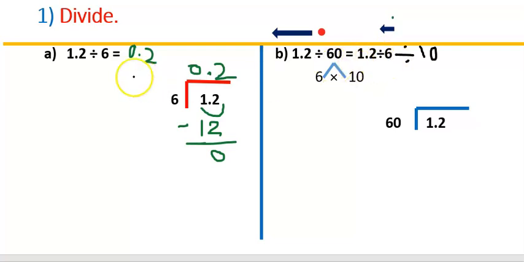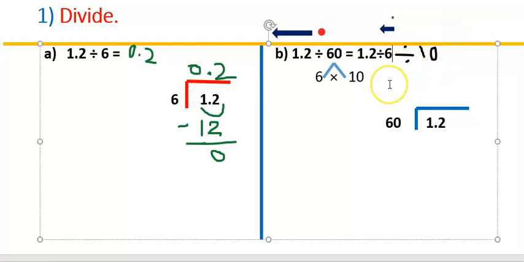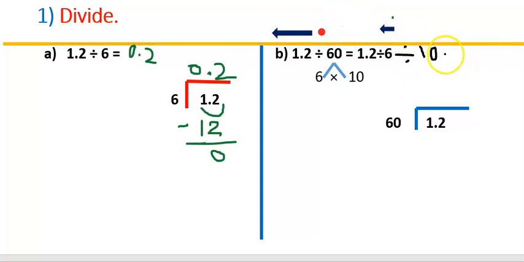I know 1.2 divided by 6 is 0.2, and then divided by 10.